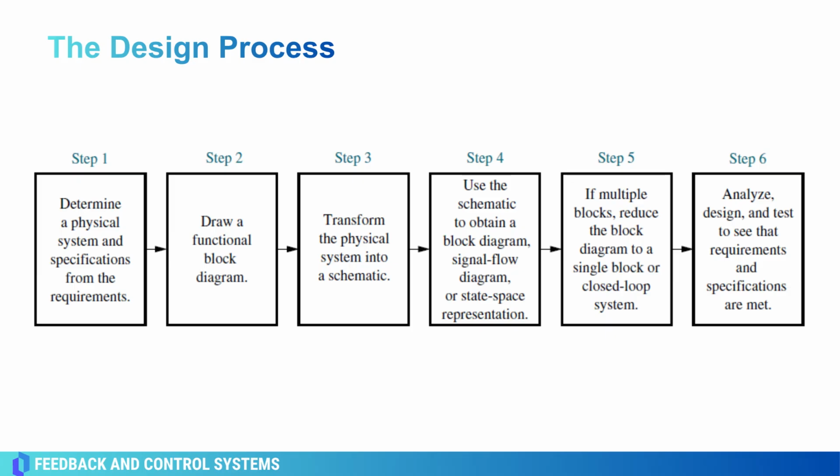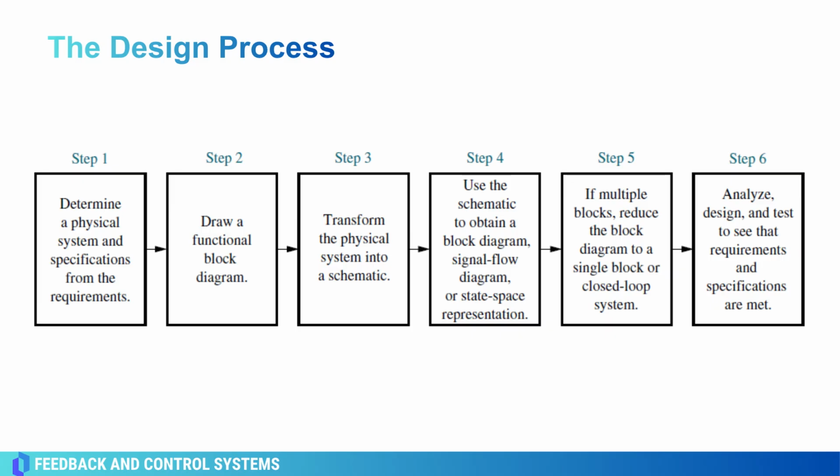Step number 4, you're going to develop a mathematical model or block diagram. Once the schematic is shown, the designer uses physical laws such as Kirchhoff's laws for electrical networks and Newton's laws for mechanical systems, along with simplifying assumptions, to model the system mathematically.